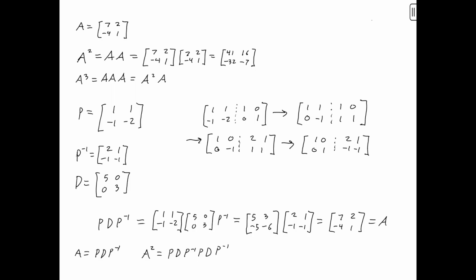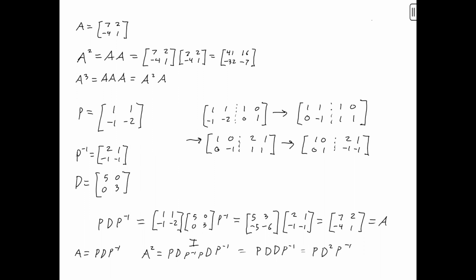P inverse times P is just I. So this is equal to P times D times D times P inverse, or P times D squared times P inverse.